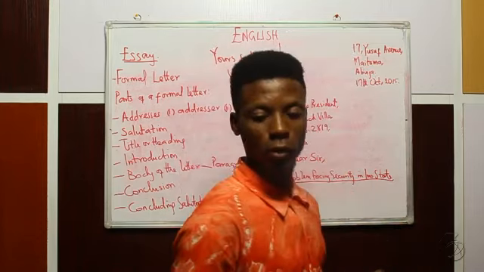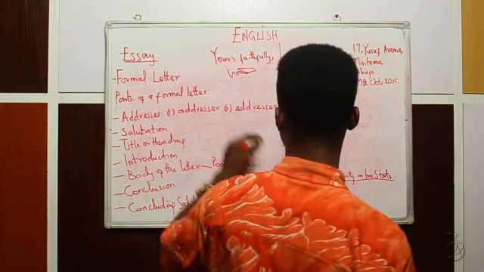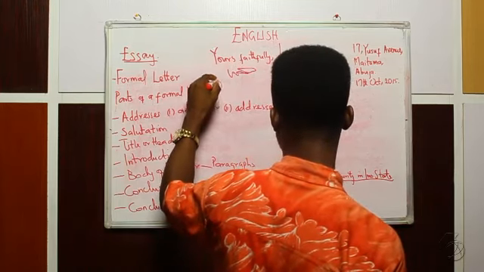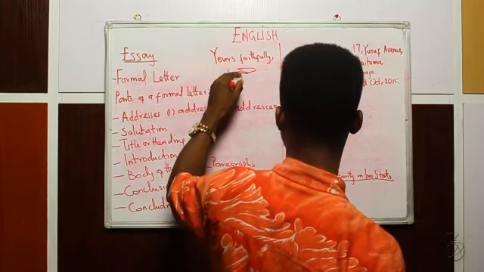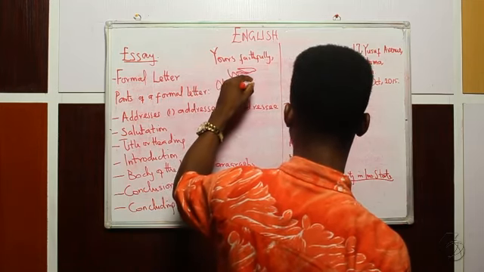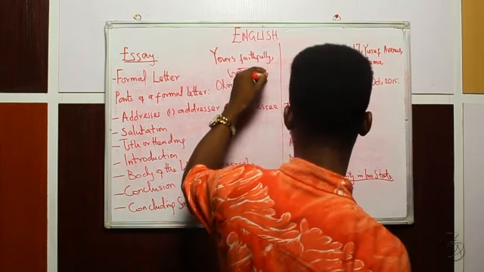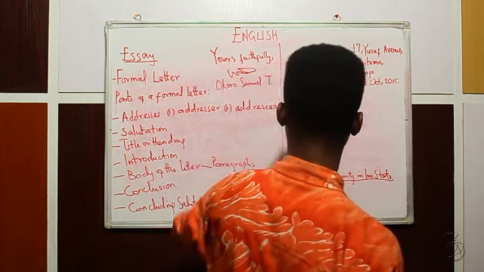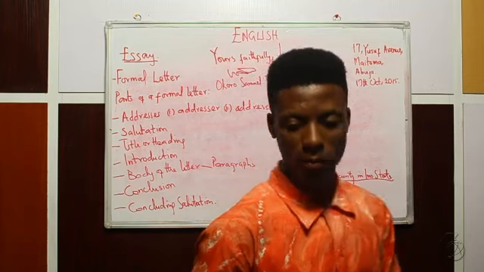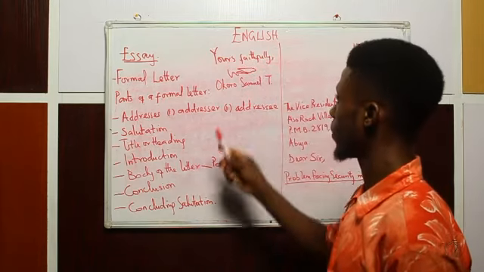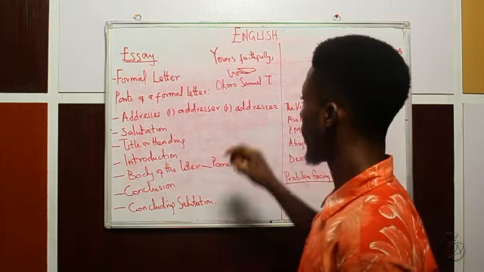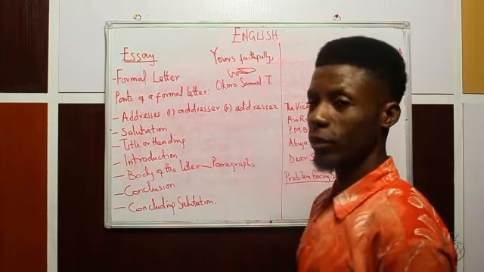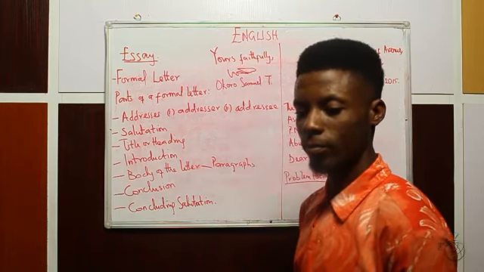Then your full name, that is, your last name, your surname, comes first, then your first name, and then your initial. This is the proper, appropriate way of writing the concluding salutation of a formal letter.